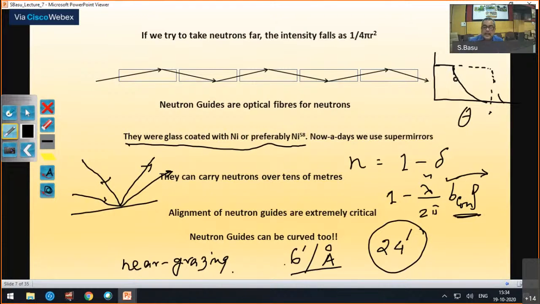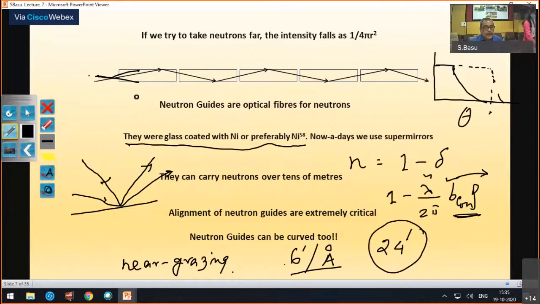And today there are neutron super mirrors. They can have critical angles double of this. So let us say 48, nearly a degree for the same neutrons. That means at the entrance, a certain divergence can be accepted by this guide for transportation. This divergence will be more if I can use nickel super mirrors.